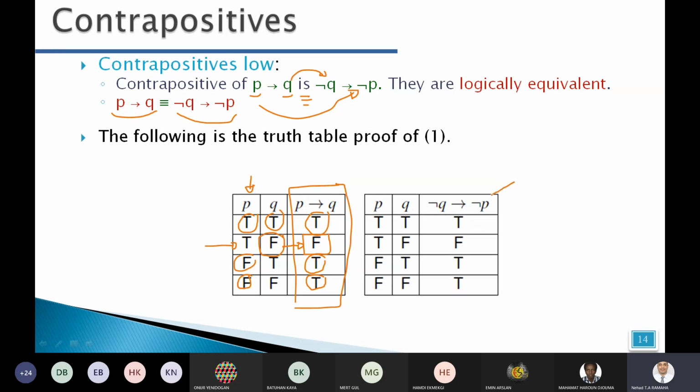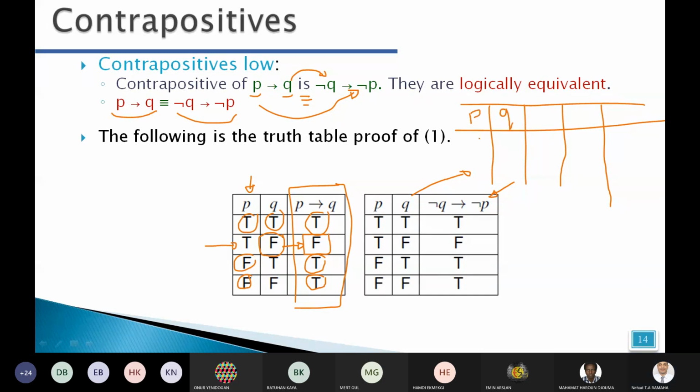Now to get this also table, okay, let me clear it more. We have P, Q, not Q, and not P. Then we get the result. P, Q, P, true, true, false, false, Q, which is true, false, true, false.